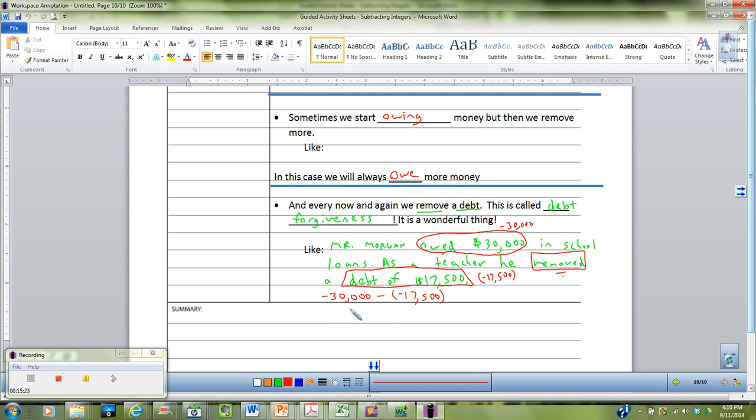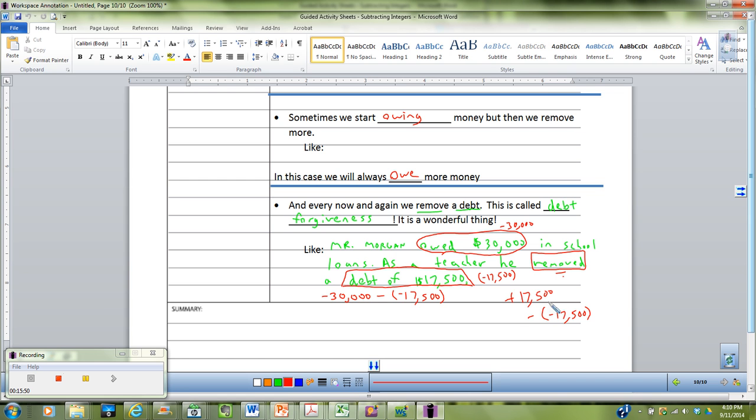I can't put 30,000 plus 17,500, because technically they didn't give me $17,500. They just said I don't have to pay back this amount. They removed a debt. I know it's a subtle difference, but those are two different things. It would be different if they gave me $17,500.